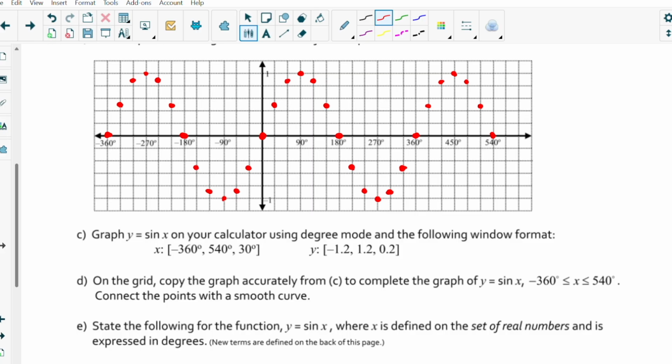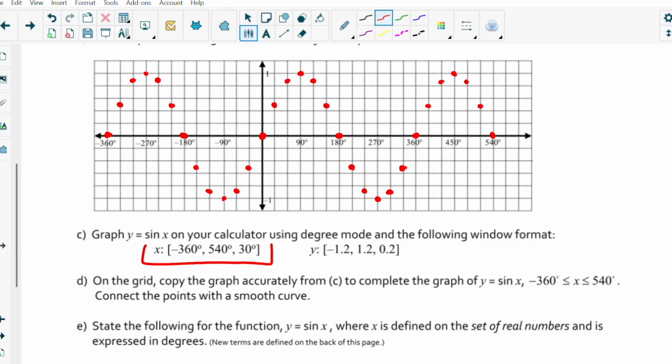Graph y equals sine of x on your calculator using degree mode and the following window format. Go ahead and do that on your calculator, right? I'll pause here. Okay, make sure you're in degree mode. Folks, you gotta make sure you're in degree mode, otherwise this graph's gonna look not so nice.